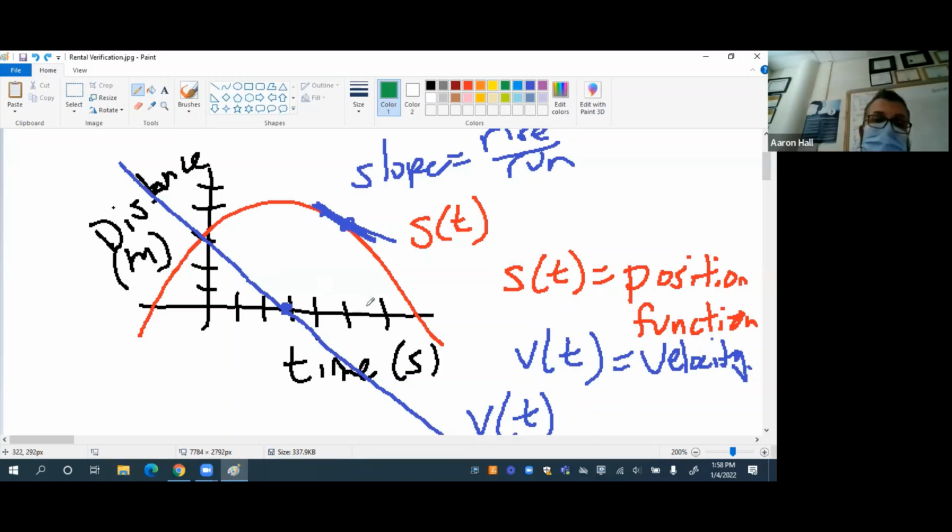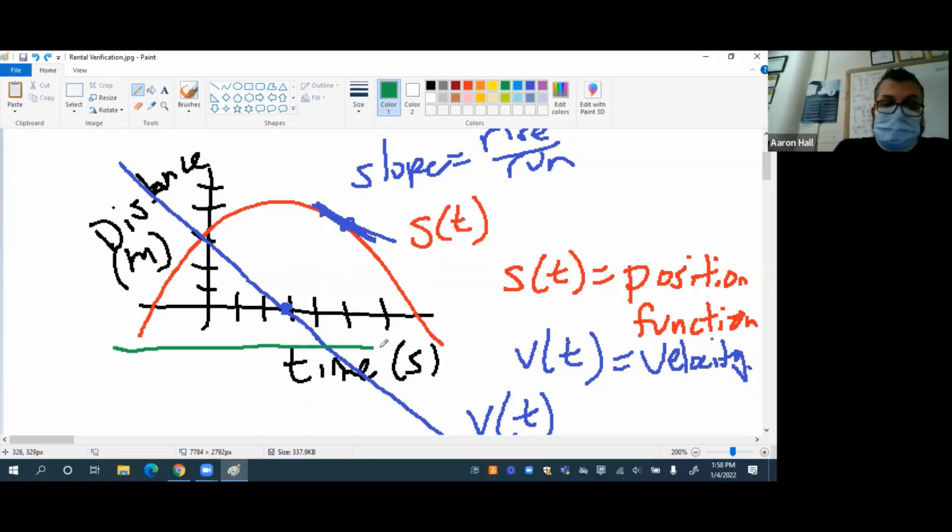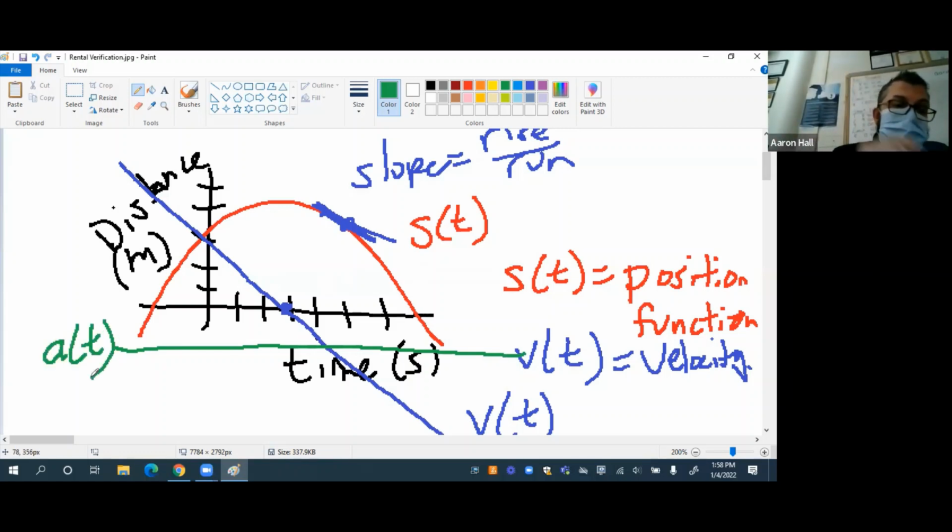And since it's always going to be the same, the derivative of the derivative would look maybe something like this, where that derivative function, this is my a of t, is always negative. Our rise over run is always negative when we read it from left to right, so it should be a line, a constant, a horizontal line below the x-axis.